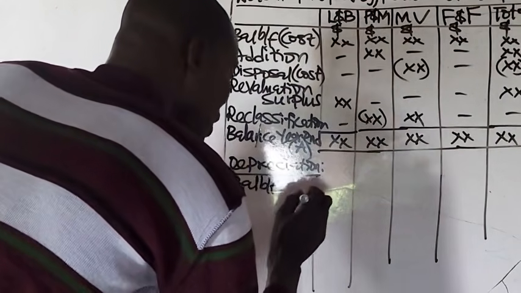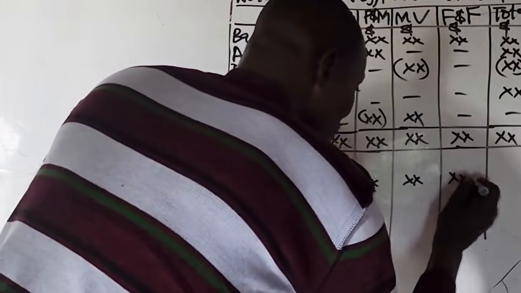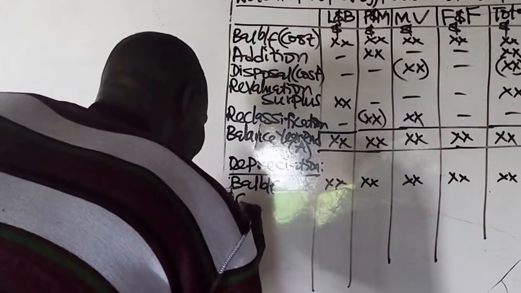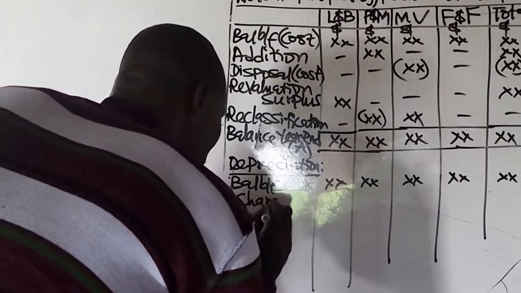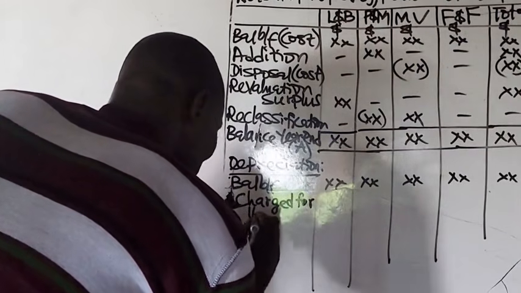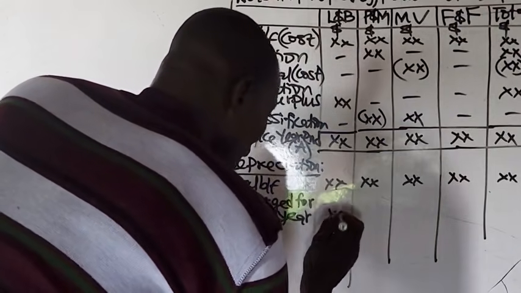This is the accumulated depreciation, the opening balance. Then the depreciation charge for the year, the one charged as an expense in the statement of profit or loss, charge for the year. So you have it here.